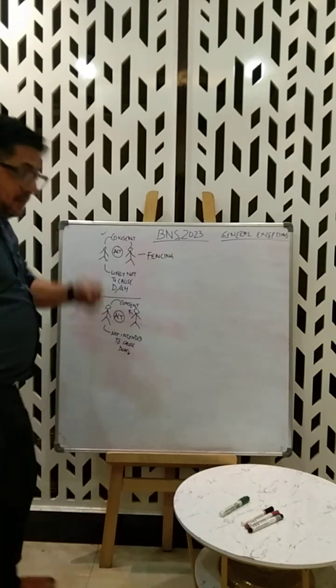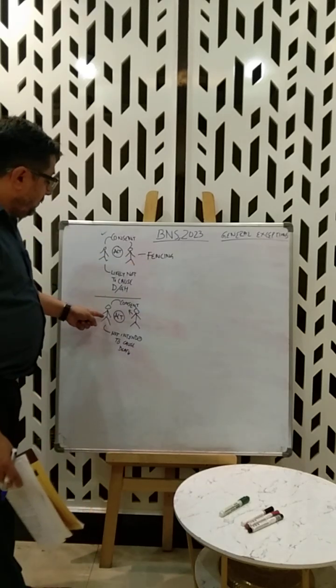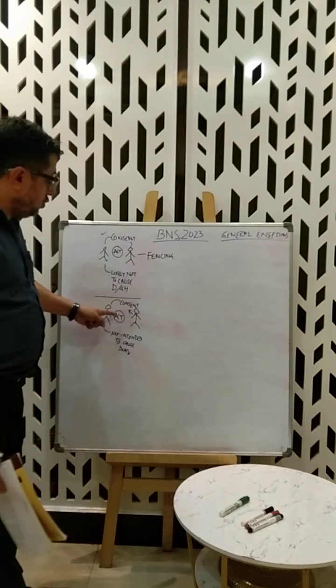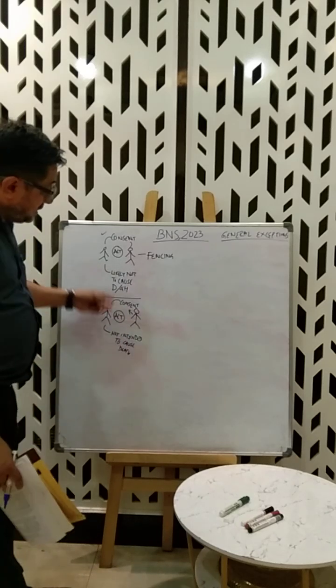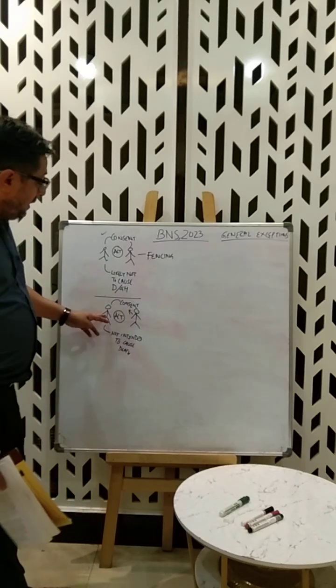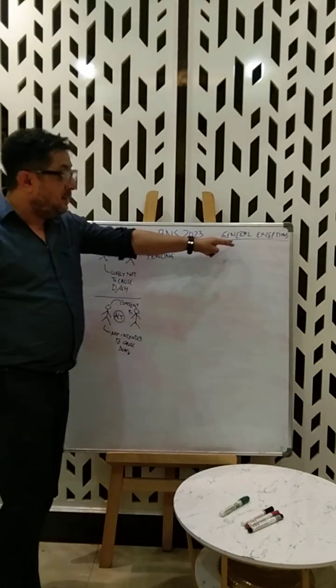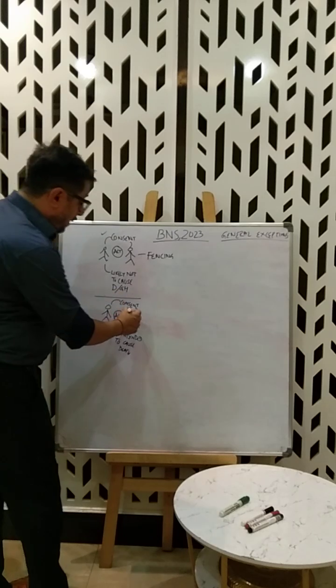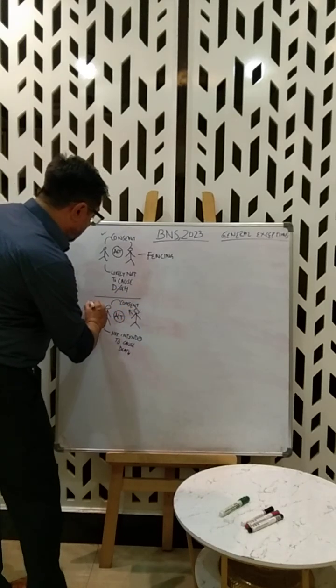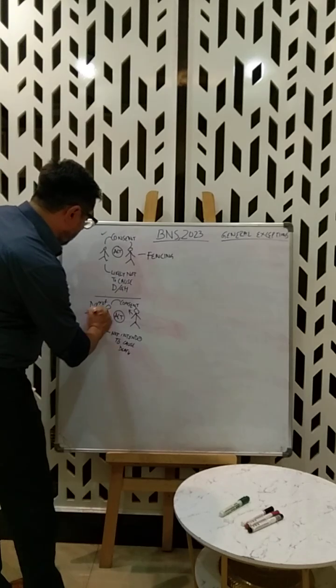We'll put the example here, it will be easier. There is a fellow, he gives a consent to do an act which is not intended to cause death. Now something wrong happens, then he is not at fault. He is protected by the general exceptions. Example, suppose he is a patient and he is a doctor, a surgeon.